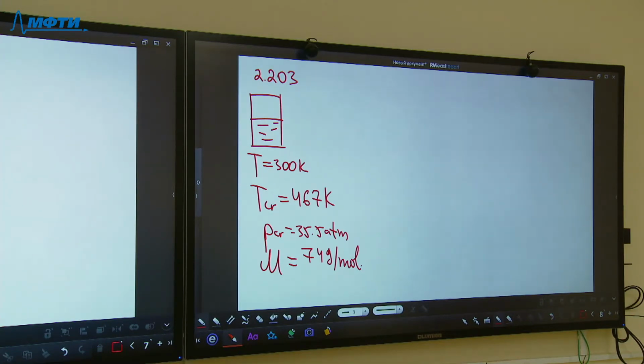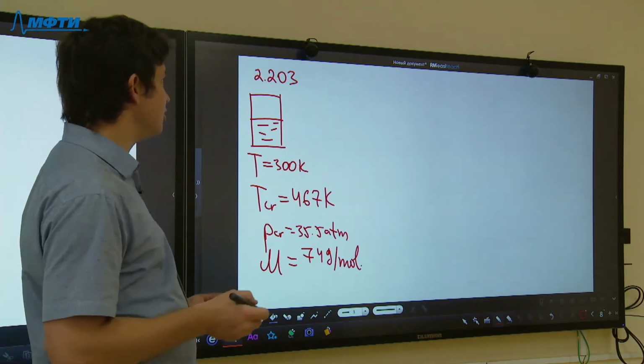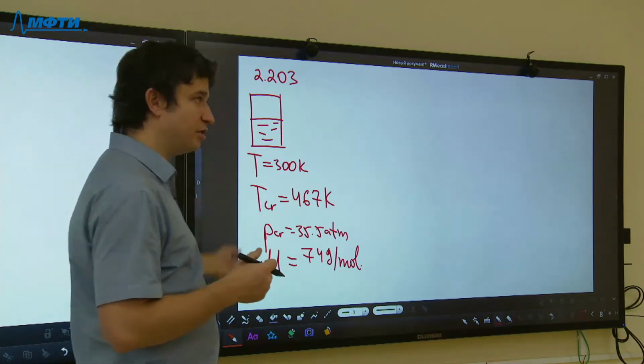What fraction of the volume of the vessel must liquid ether occupy at room temperature in order to pass into critical state? So, well, we need to understand what actually happens as I increase temperature in this vessel.